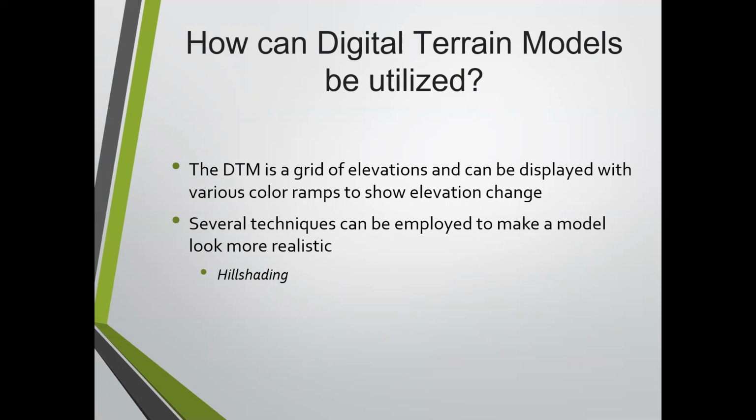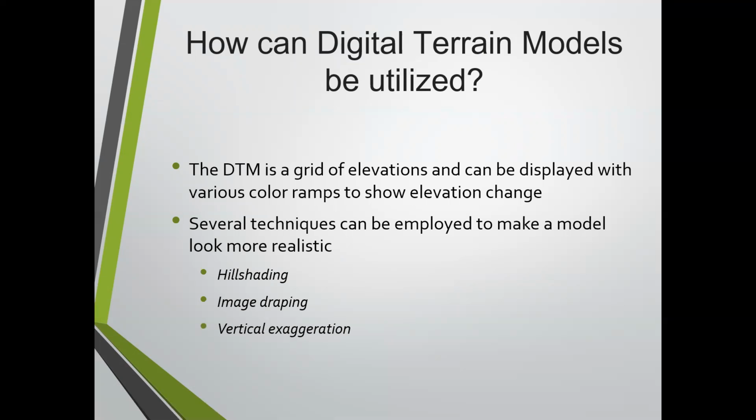Another thing you can talk about when we talk about realisticness is this concept of hill shading, which would show you, like, on a sunny day where you're going to get shading and non-shading based on things like time of day and also location on the earth, so what your latitude and longitude is. Then there's image draping like we just talked about, and then the concept of vertical exaggeration.